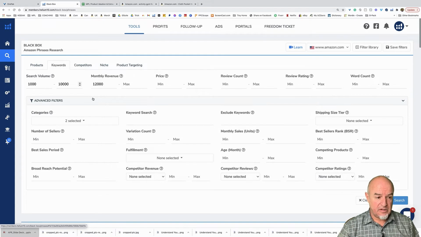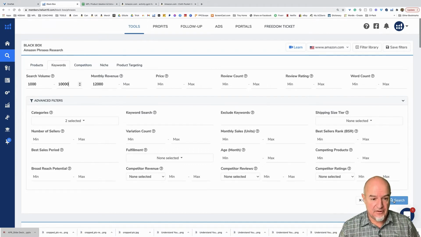Now, if you have deep pockets or a nice set of investment cash ready to spend, then perhaps you want to go for a higher search volume word. But those are a lot harder to compete in because there's so much traffic going in there. It looks really attractive to bigger sellers.